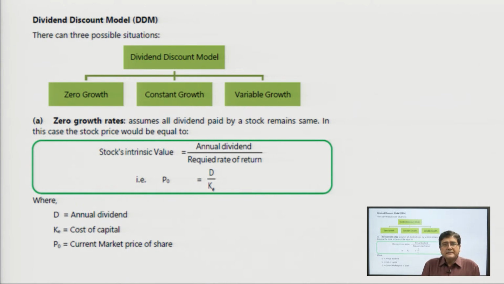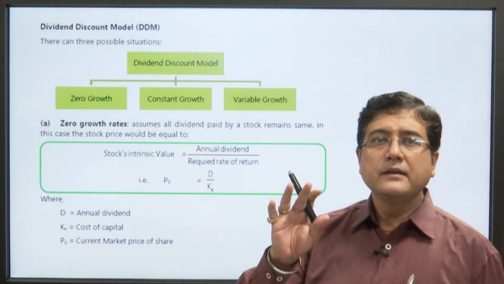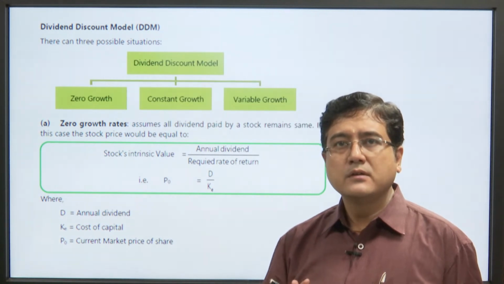There are 3 basic classifications of the dividend discount model. First is zero growth, second is constant growth and third is variable growth. So, first let us understand zero growth. Zero growth rate assumes all dividends paid by the stock remain the same, so there is no growth.